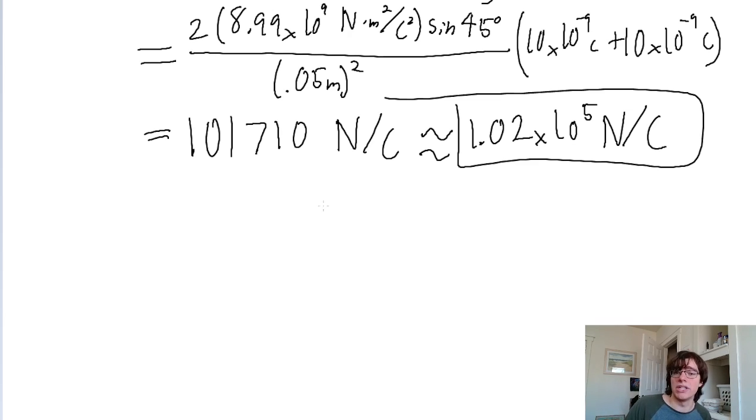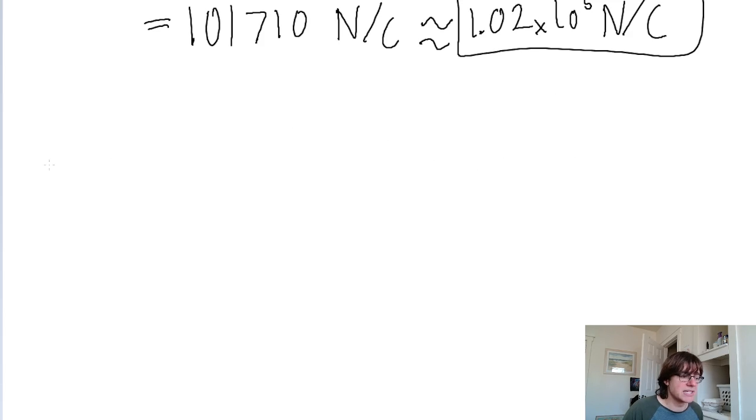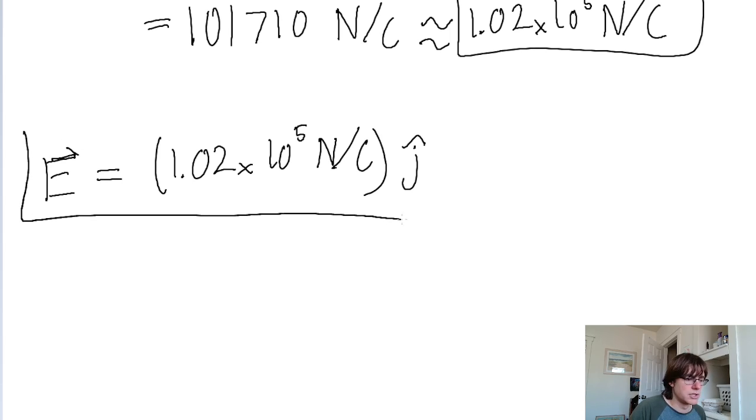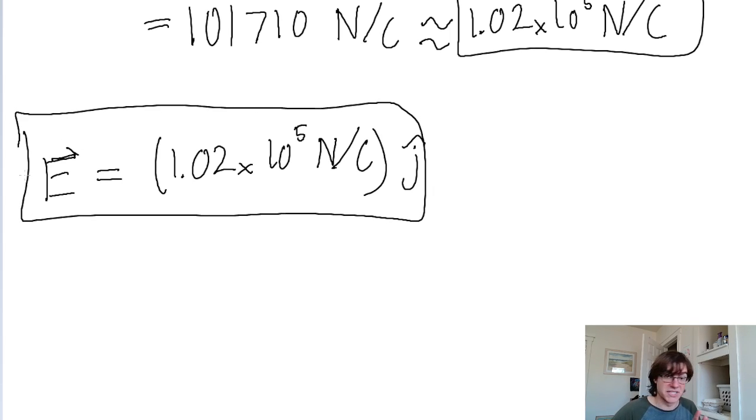It is also the only component of the net electric field, because as we discussed earlier, the x component just disappears completely. So that means that in unit vector notation, the entire electric field at the center of the square can be written as 1.02 times 10 to the power of 5 newtons per coulomb. And since this is along the y-axis, we use the j-hat unit vector.